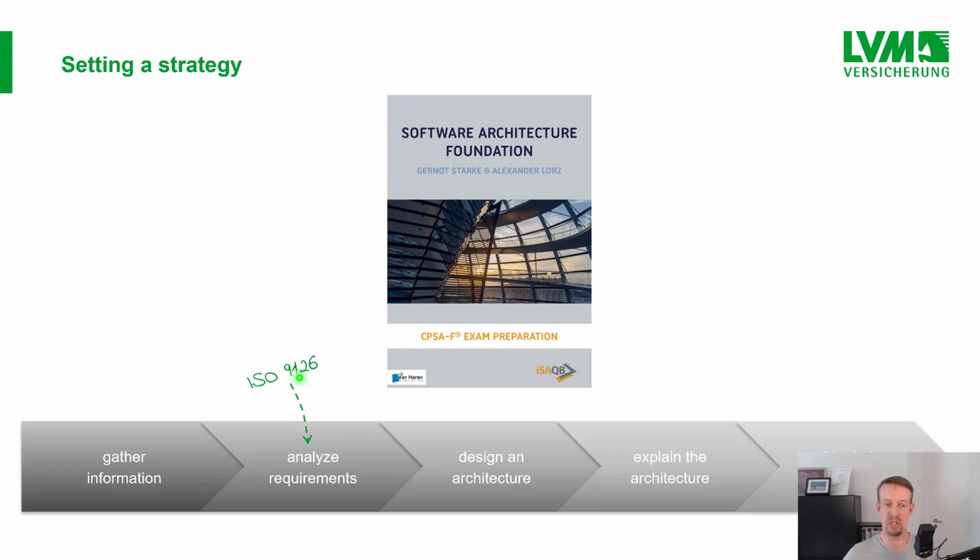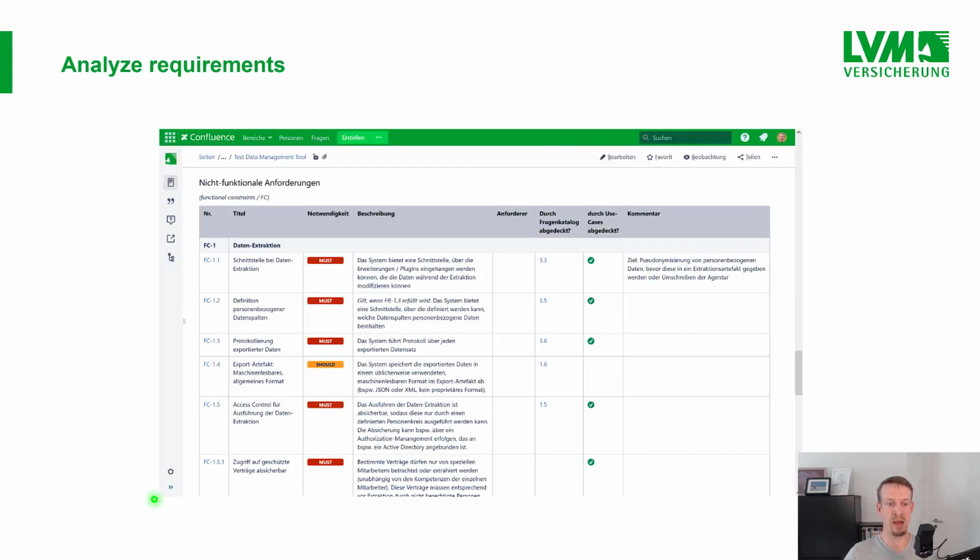So let me just point out this ISO, and if you ever design a new system, stick to this ISO and try to answer the questions asked there. So I took this path and at first gathered the main information, especially about VSNR Test, what it does, what requirements are met with the system, and I at first wrote down those requirements.